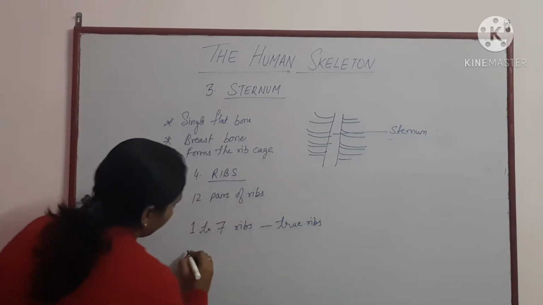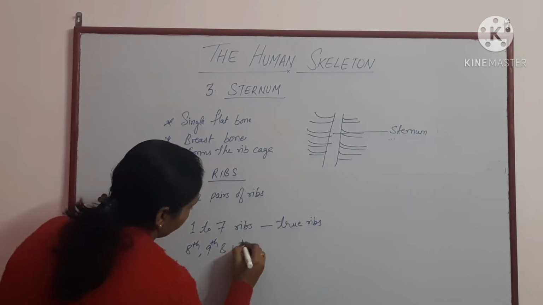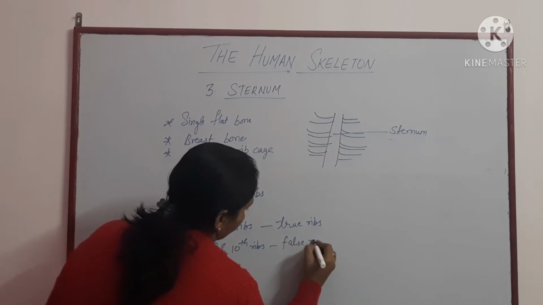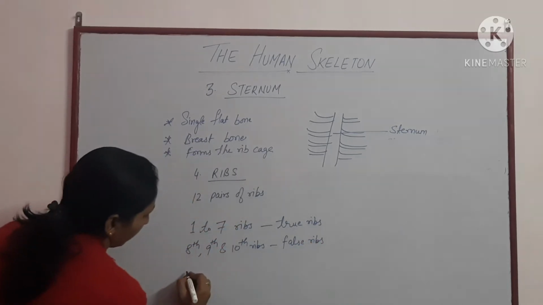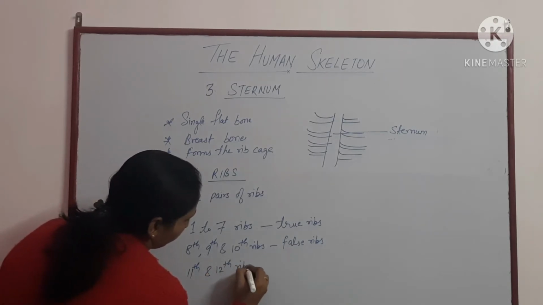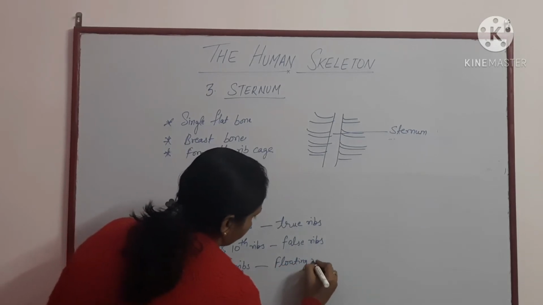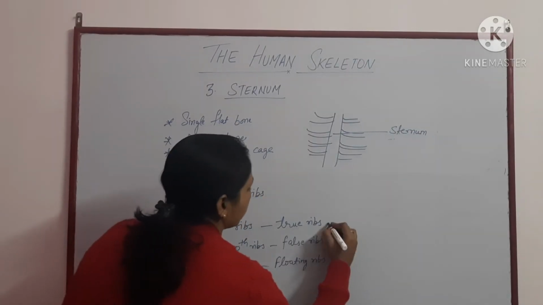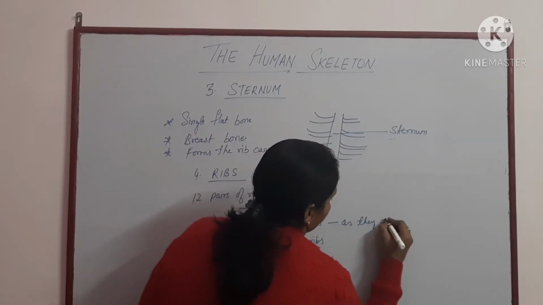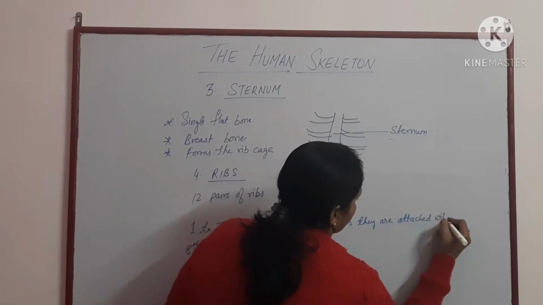The 8th, 9th and 10th ribs are false ribs. The 11th and 12th ribs are floating ribs. True ribs, as they are attached with sternum.